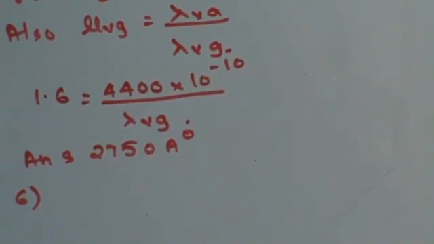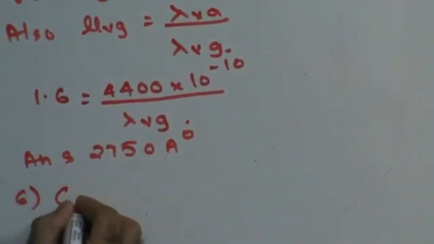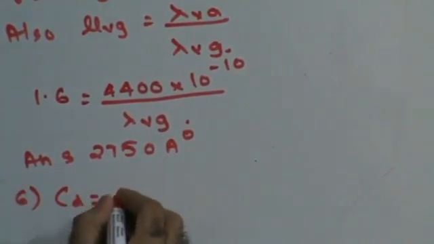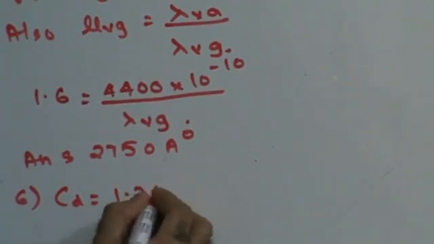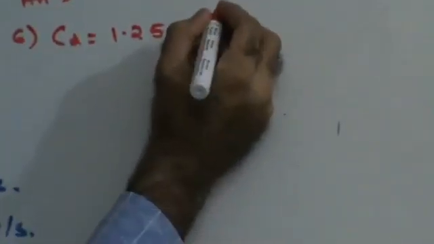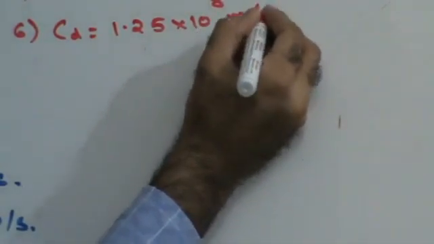The velocity of light in diamond is 1.25 into 10 raised to 8 meters per second.